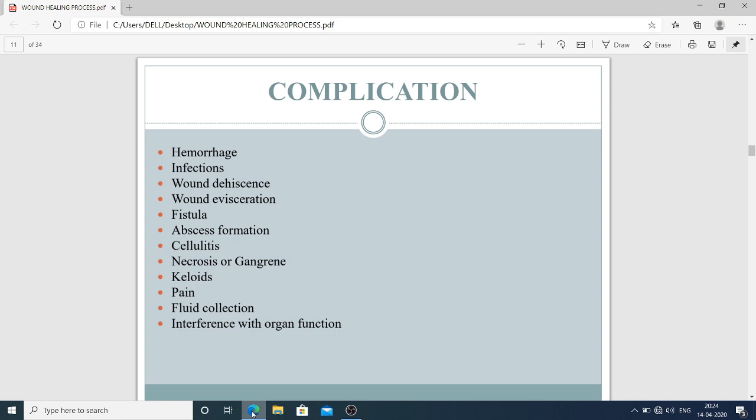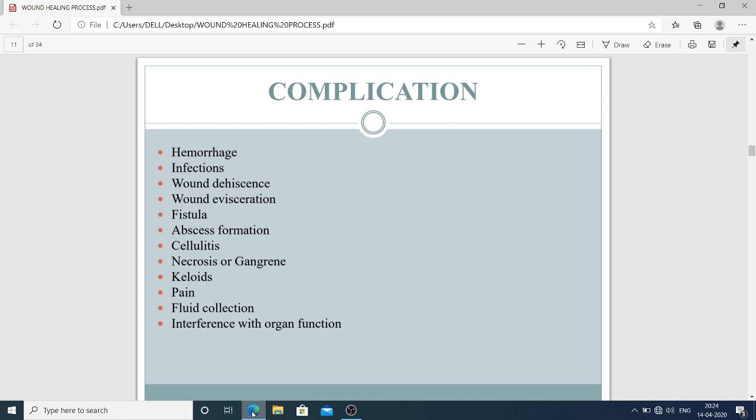Then the next one is complications. The complications in wound healing are hemorrhage, infection, then wound dehiscence. Wound dehiscence we already discussed many times, and it is a surgical incision reopening internally or externally, depending upon the condition of the patient.